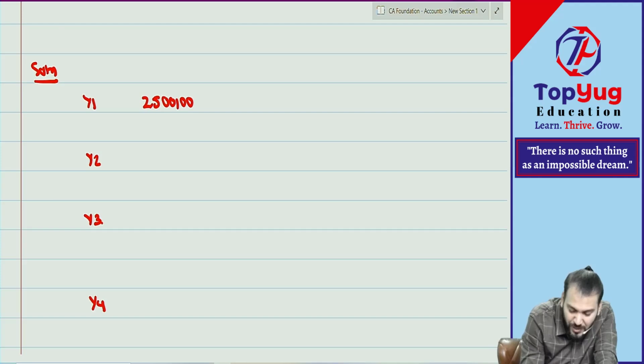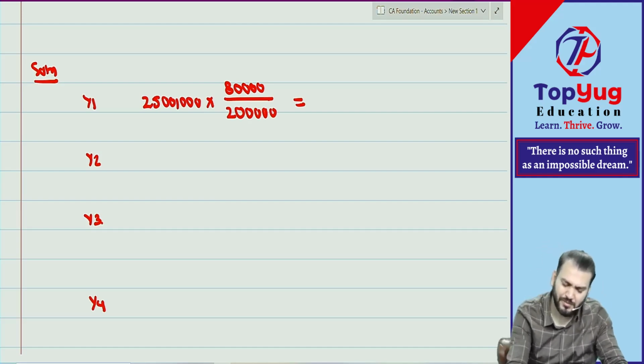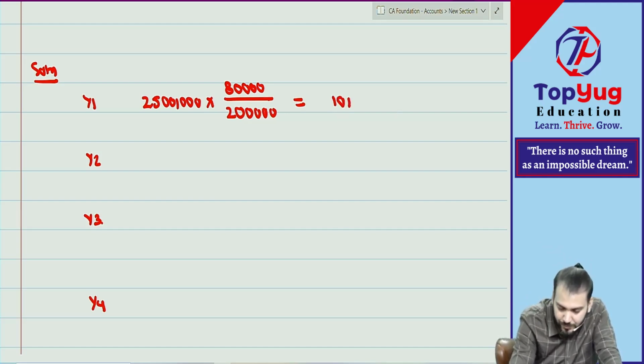How many machine hours used during the year? 80,000. What is the total? 2 lakh. Look, this is the formula. How much? 10 lakh. Second year, what is the answer? 7 lakh 50,000.